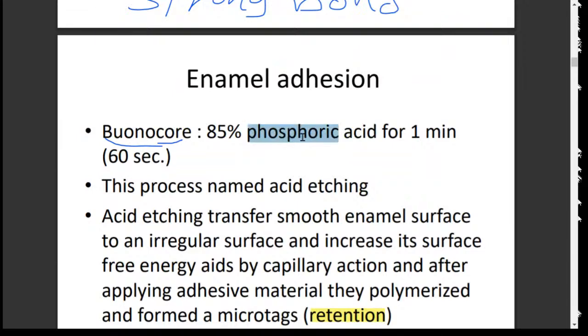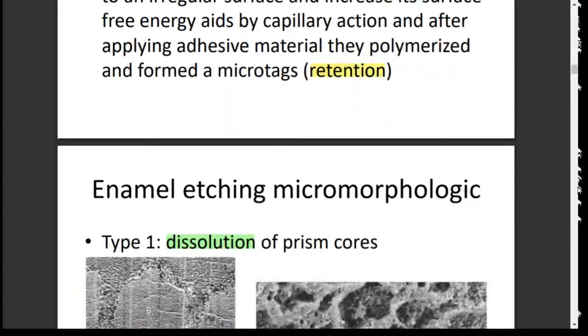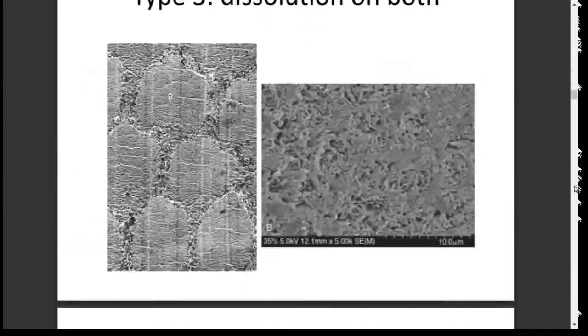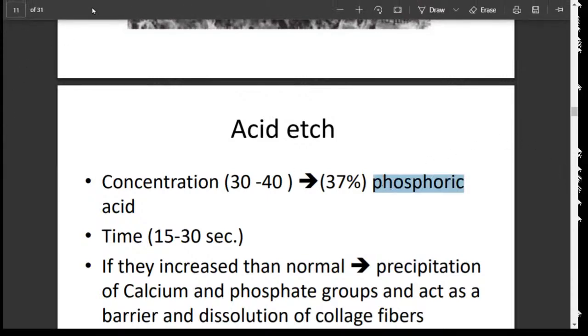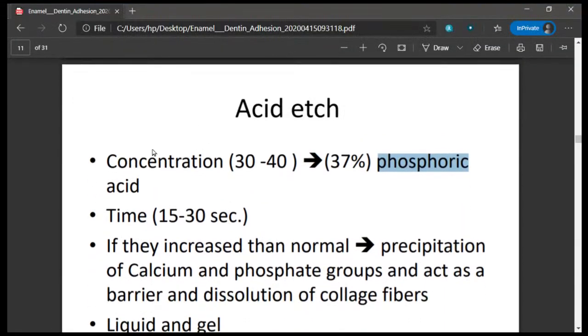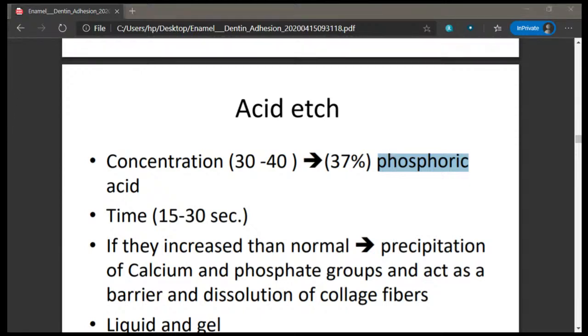The acid used for etching is phosphoric acid. This one is the phosphoric acid.